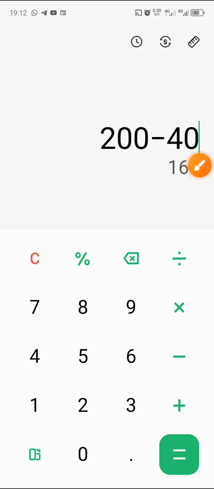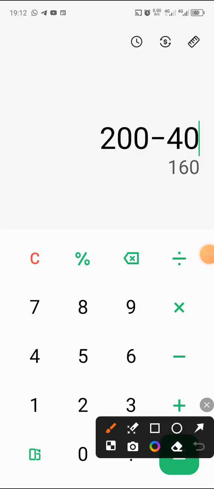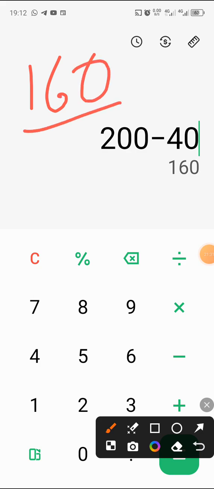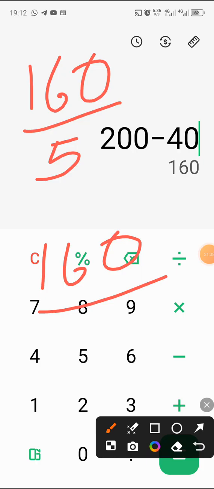One can say 160 divided by 5, or 160 divided by 10, which means that in every margin call, when the price falls, your robot will be putting in $5, or when the market falls, your robot will be putting in $10.